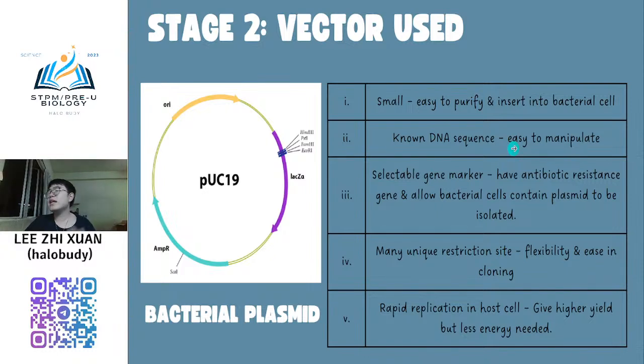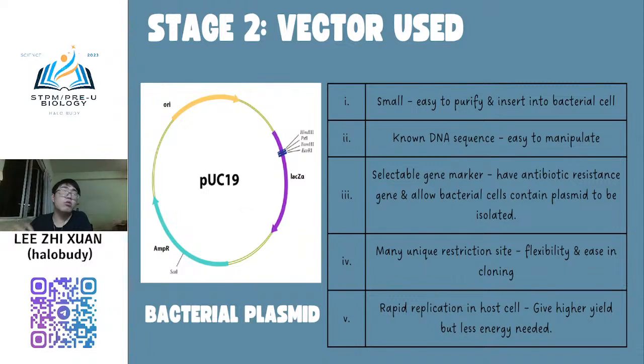Compared to when you isolate the bacteria cell chromosome, the DNA is very long and reading the DNA sequence takes a very long time. With a plasmid, which is very small, it is much easier to research and understand the DNA sequence.